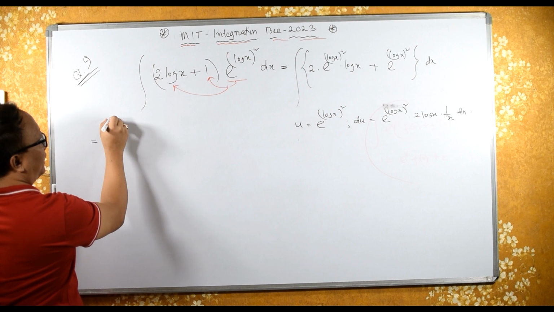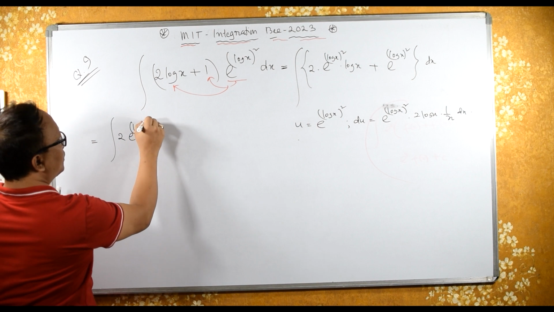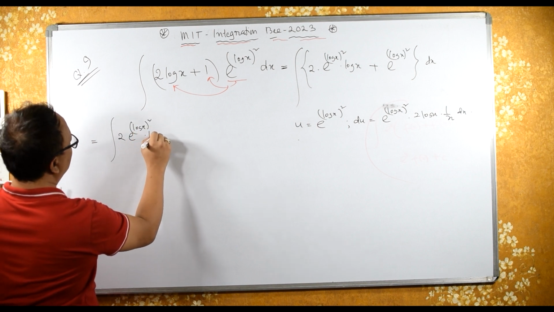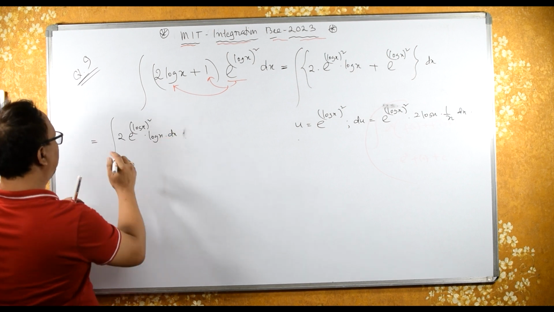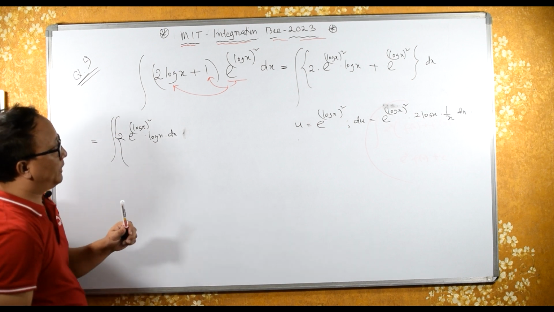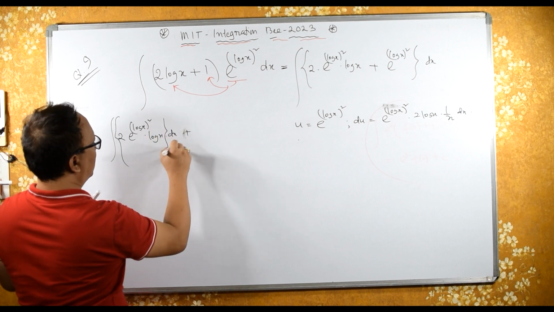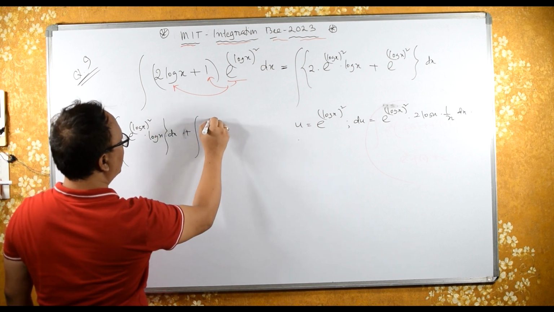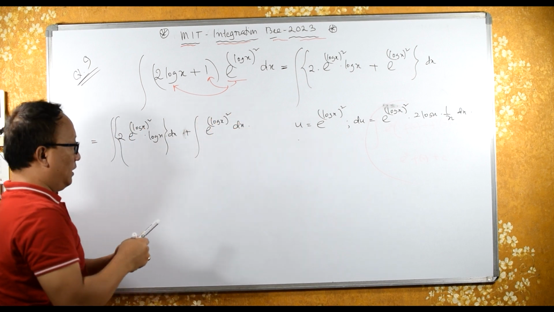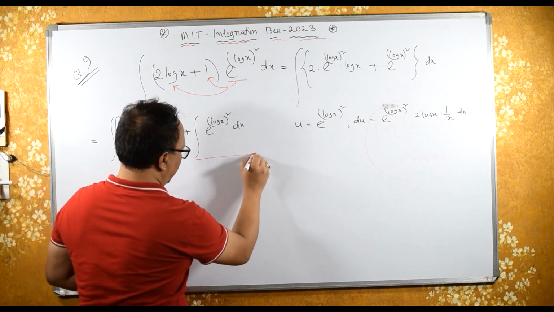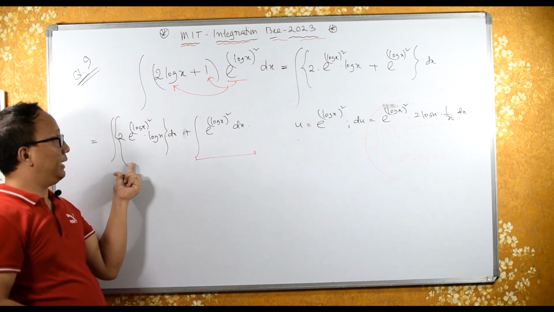This is the same as the integral of 2 e raised to (log x) whole square into log x dx, plus, I'll use a second bracket, plus the integral of e raised to (log x) whole square into dx. Now let's keep this for the time being and integrate this and see what comes.